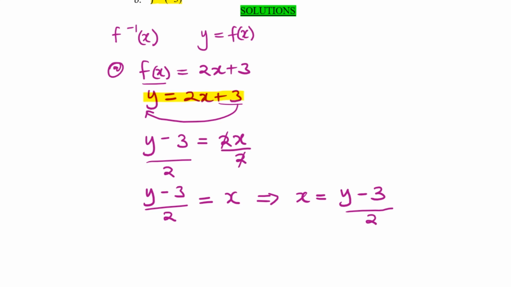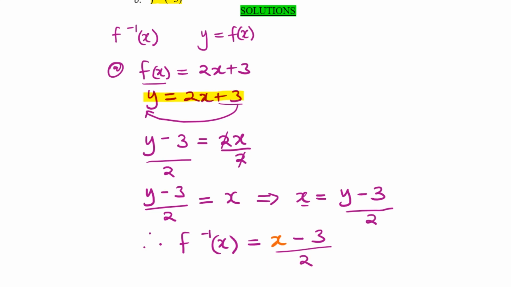What we've done there is, we are saying where there is x, now we can replace by the inverse of x. So f inverse x is equal to, where there is y, we are replacing by x, so x minus 3 over 2.